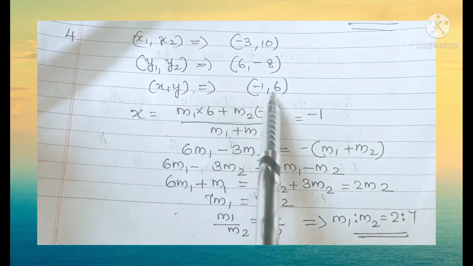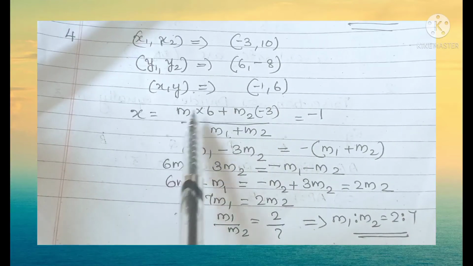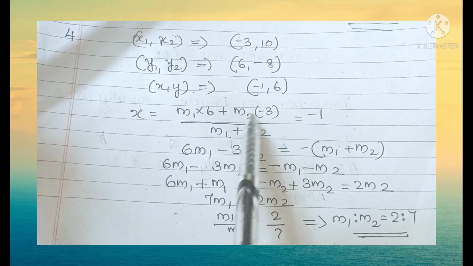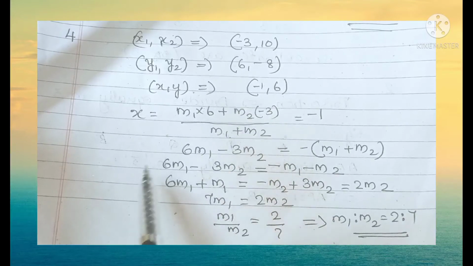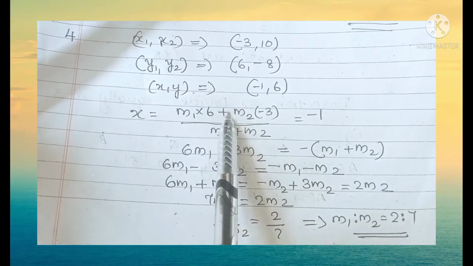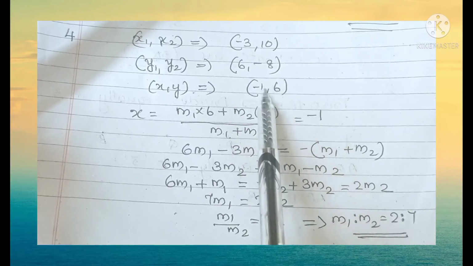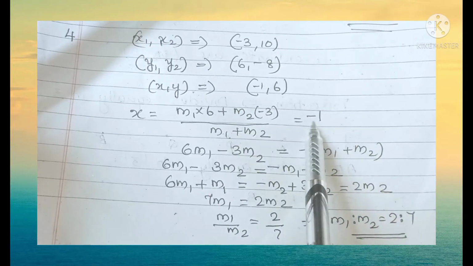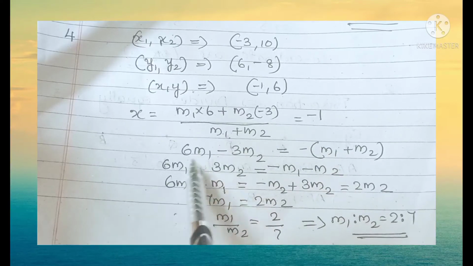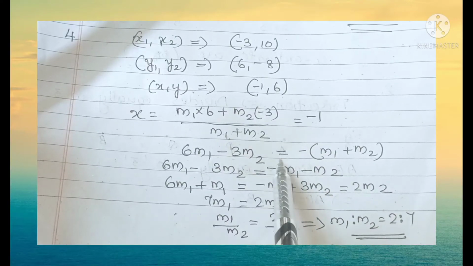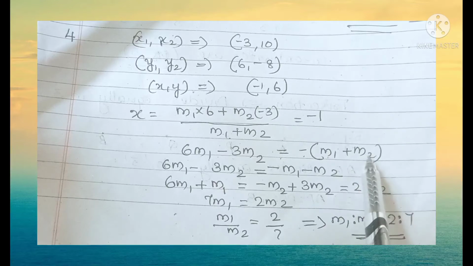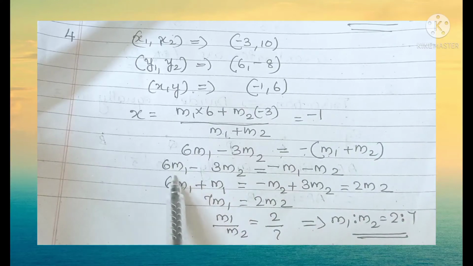Then using the section formula, we can substitute the value of x, that is (m1 x2 plus m2 x1) by (m1 plus m2). So (m1 into 6 plus m2 into negative 3) by (m1 plus m2), since that is given as negative 1. Then cross multiplying, 6m1 minus 3m2 equal to negative of (m1 plus m2).